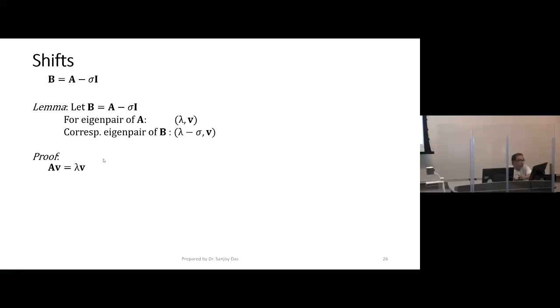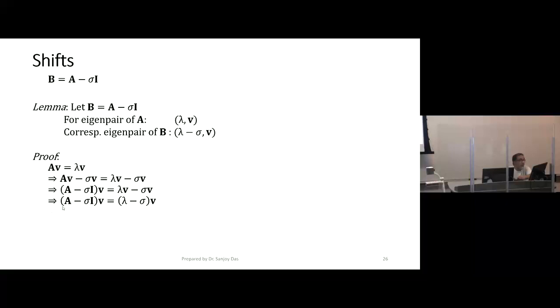Proof. Again, by definition, A V equals lambda V, because lambda, V is an eigenpair of A. So A V minus sigma V equals lambda V minus sigma V. I'm subtracting sigma V from both sides. Whence, A minus sigma I, taking V common here, times V equals lambda minus sigma, common here, times V. So what can you say?